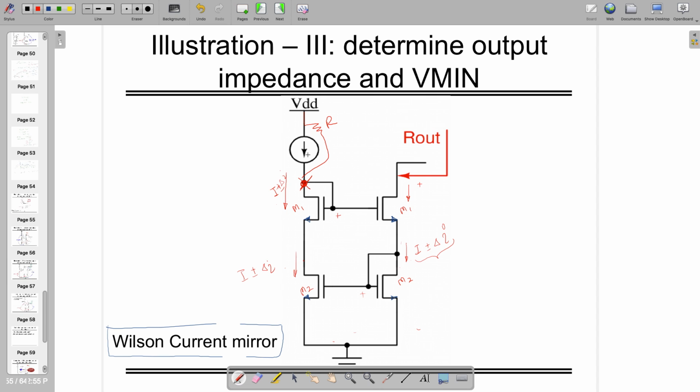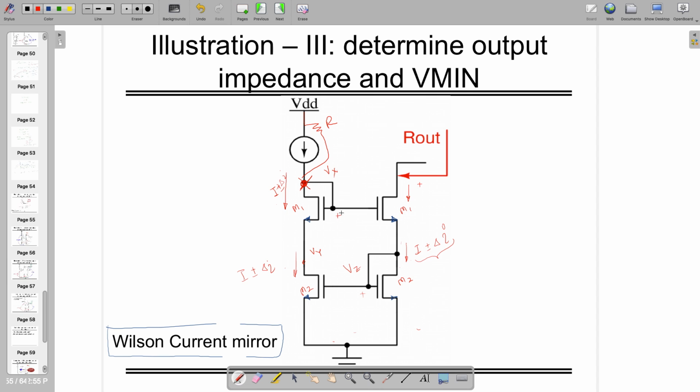Otherwise, an infinite impedance current source does not have such an effect. So in reality it's a resistance, and that's why this potential Vx and Vy, or Vz, are going to change. All these potentials are changing, and hence they are going to adjust themselves for I plus delta I at settled time. So this is good in terms of having the exact current mirroring which we want.